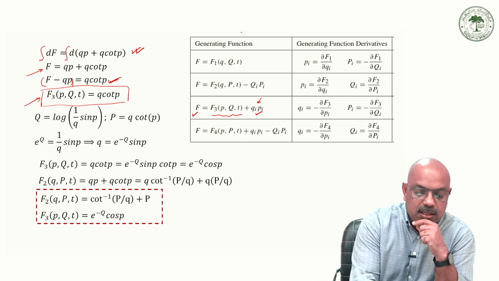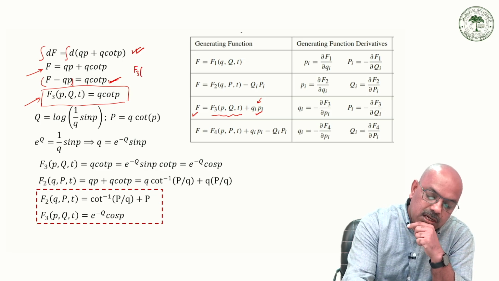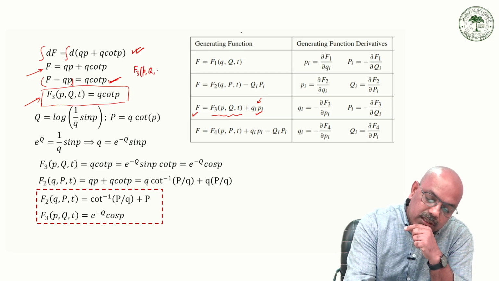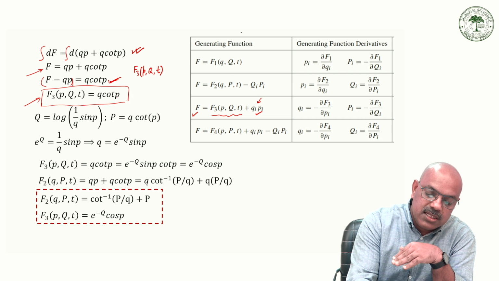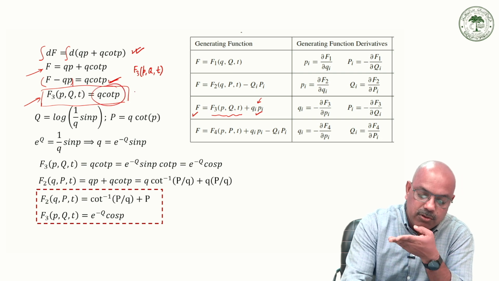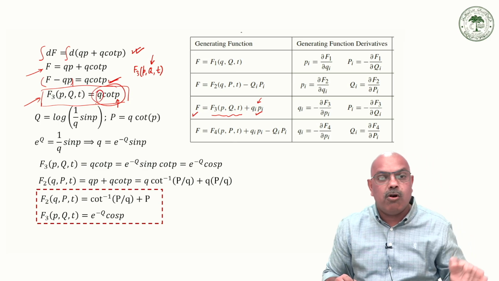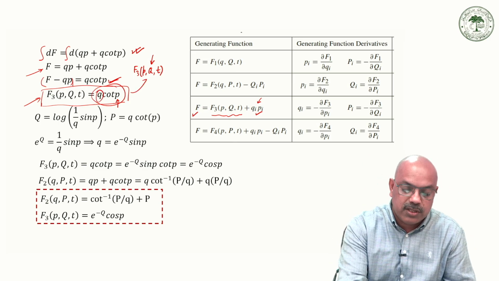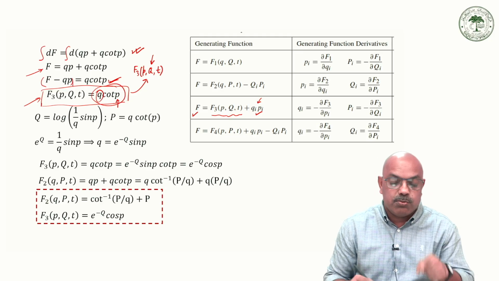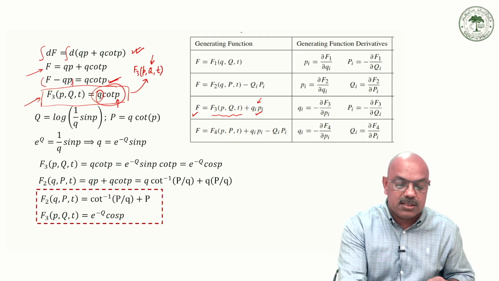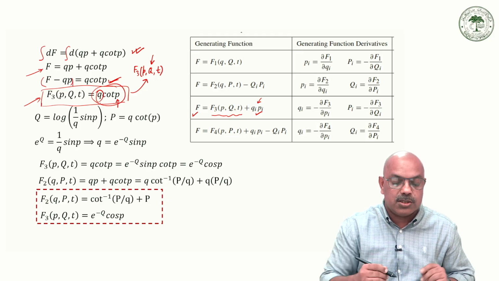But you know, sir, this generator f3 depends upon small p, capital Q and t, but on this side I don't have capital Q, I have a small q. So I have to transform this so that my f3 depends upon small p and capital Q, not on small q.